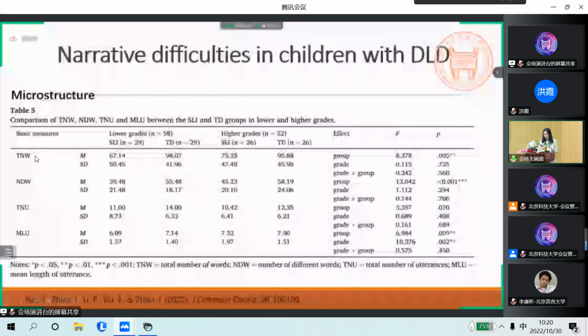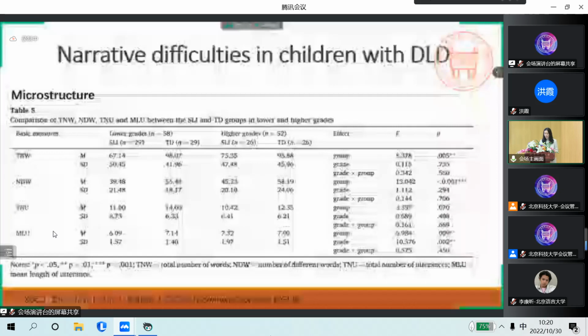The first one is a measure of the story length, the second is about the diversity of the vocabulary, and TNW is also the length of the story. And the mean length of utterance, I think, is a measure for syntax.